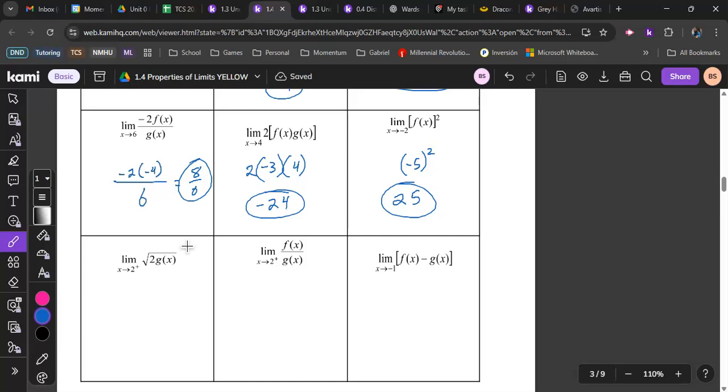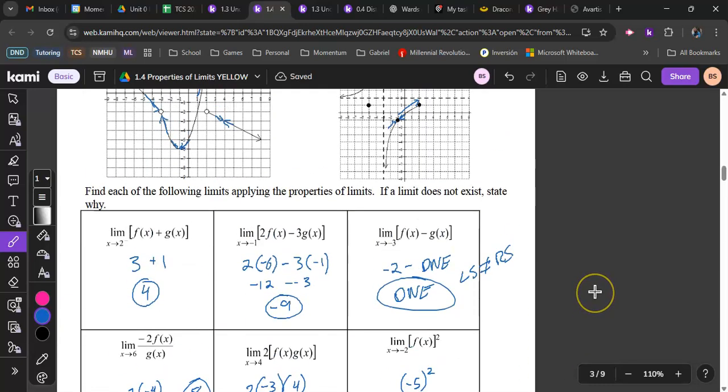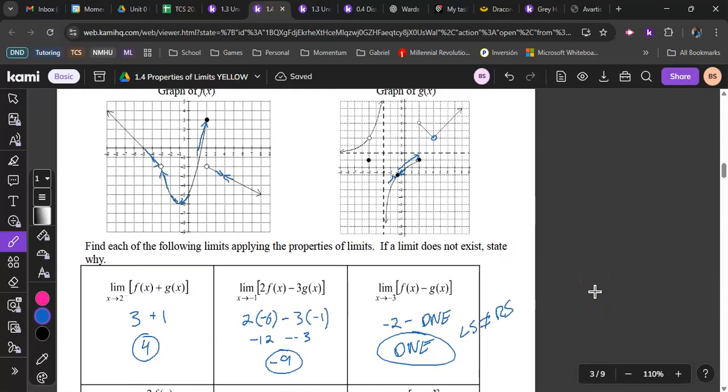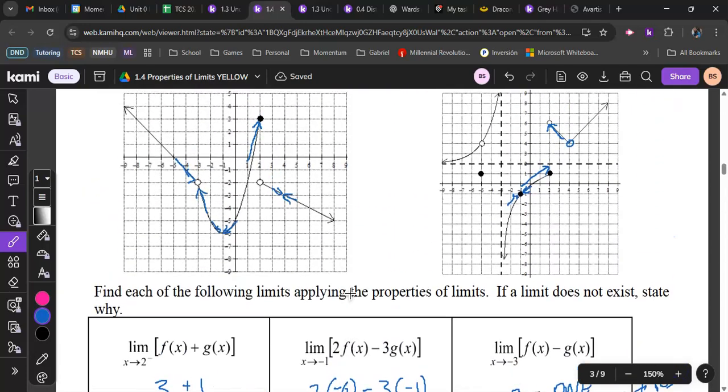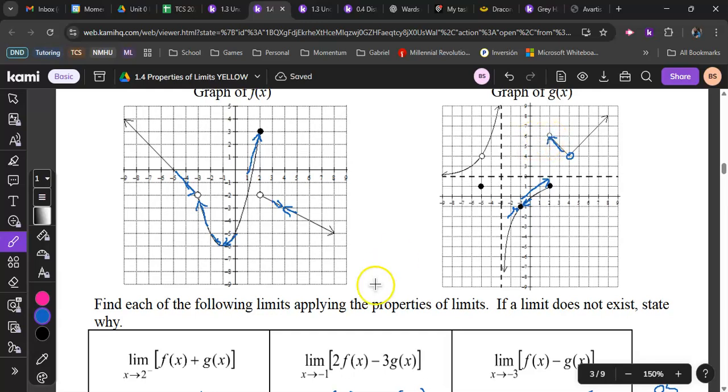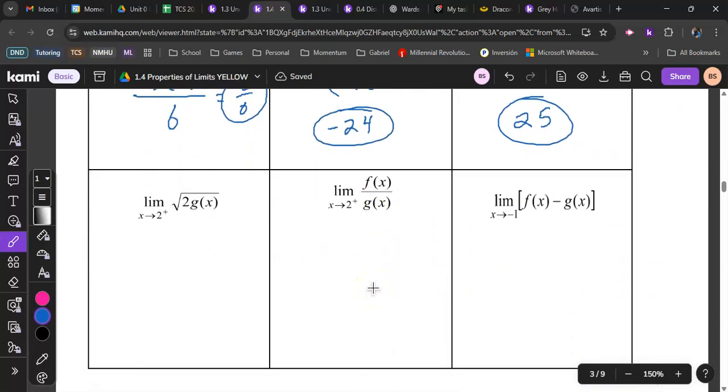All right, now we're going to do 2 only from the right side of g of x. So 2 only from the right puts me up here at, what is that value? 6. I might zoom in a little more, actually. I think it was 6, no? Yeah, it's at 6. So I get the square root of 2 times 6, or the square root of 12.